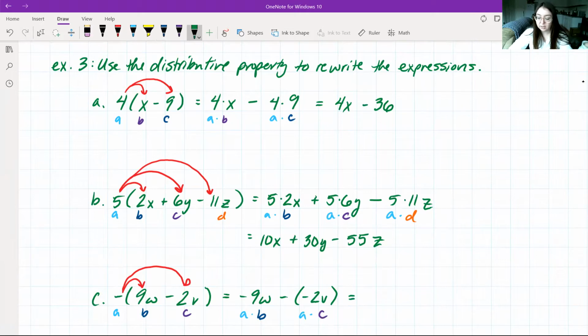So we have negative 9w minus a negative 2v. Since we have a minus a negative value, that just becomes addition. So we get negative 9w plus 2v, and that's our simplified expression.